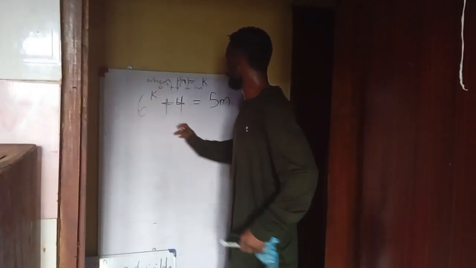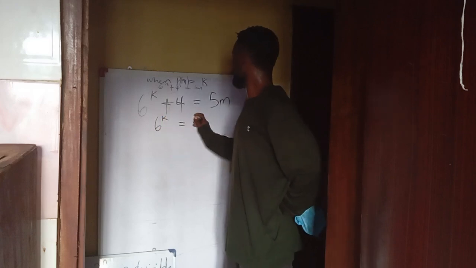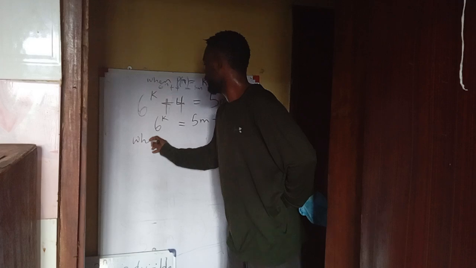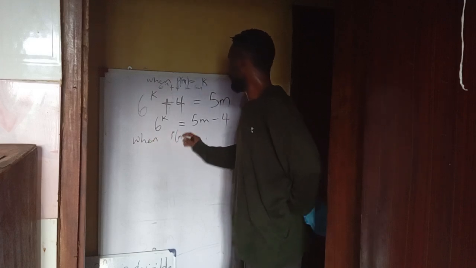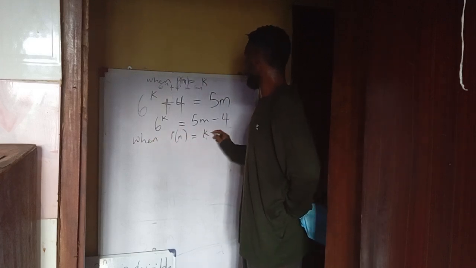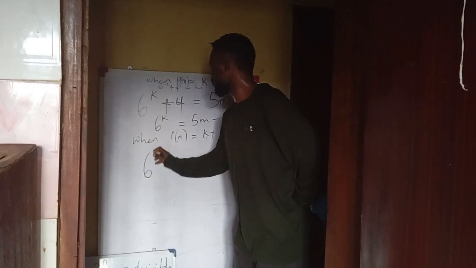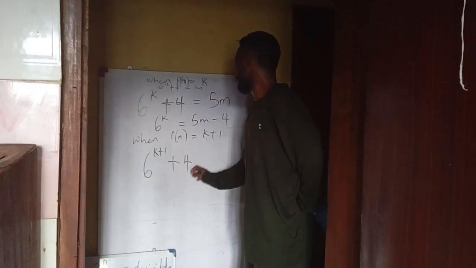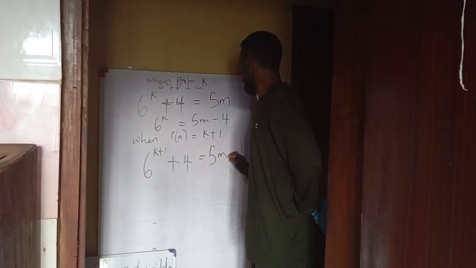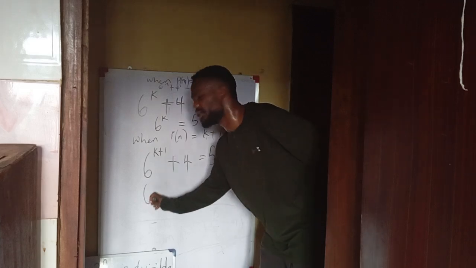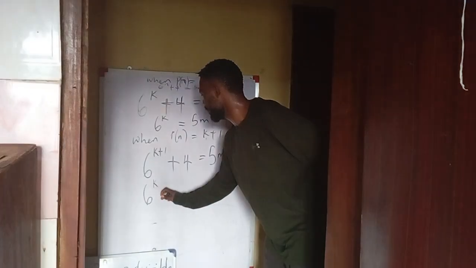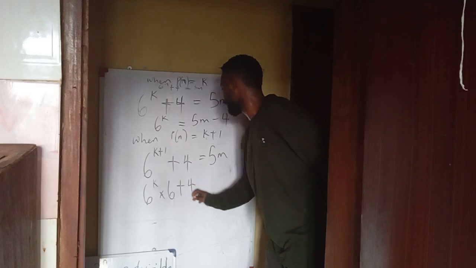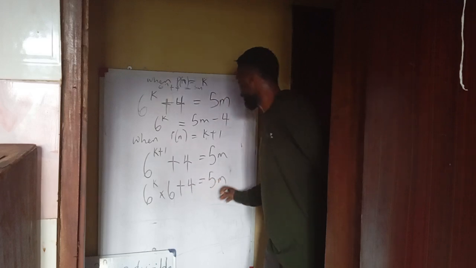So when n equals k plus 1, I have 6 raised to power k plus 1, plus 4, equals 5m. And this is the same thing as saying 6 raised to power k times 6, plus 4, equals 5m.